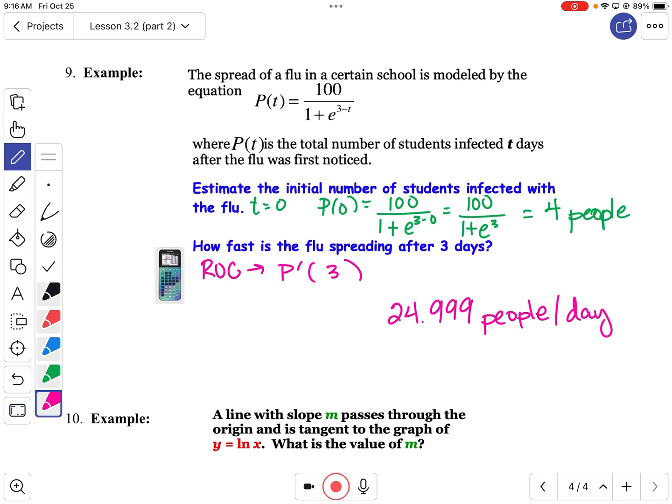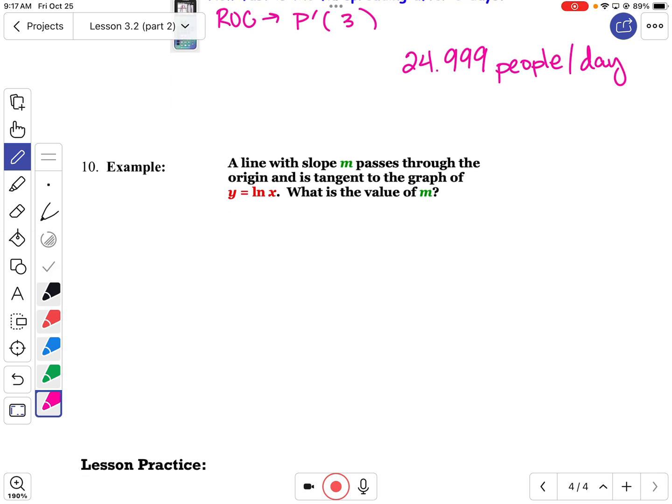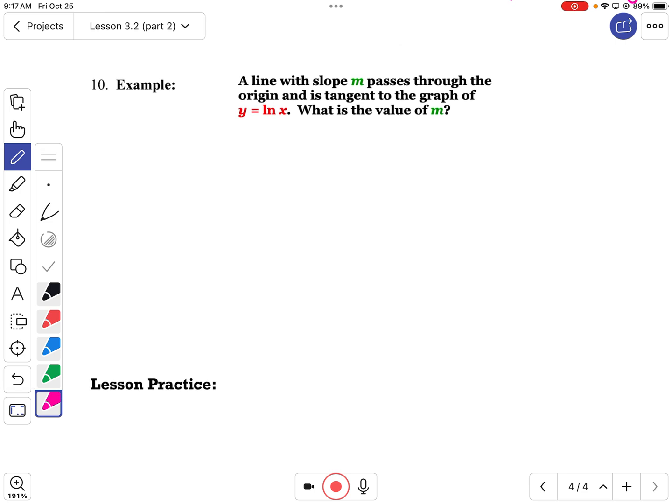All right, then let's look at this one. This is the last one we're going to do, just because it's interesting. A line with a slope of m passes through the origin and is tangent to the graph of y equals ln of x. What is the value of m?